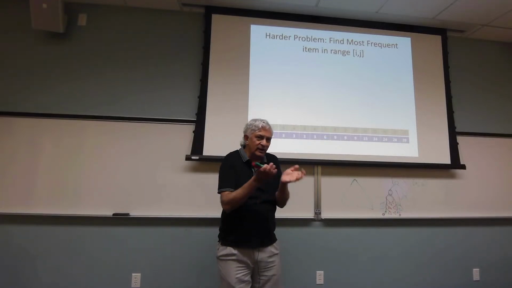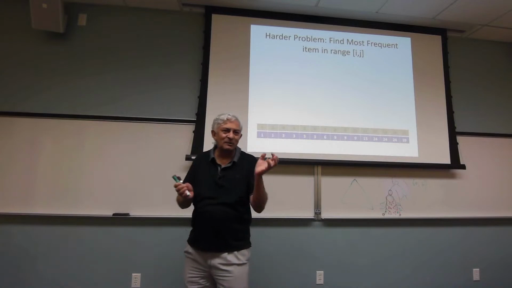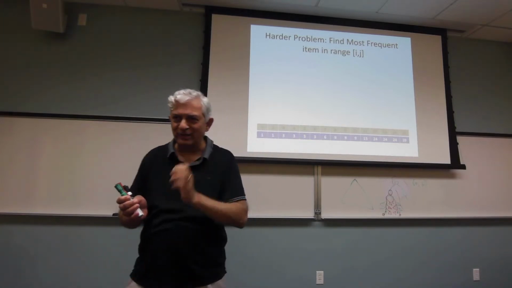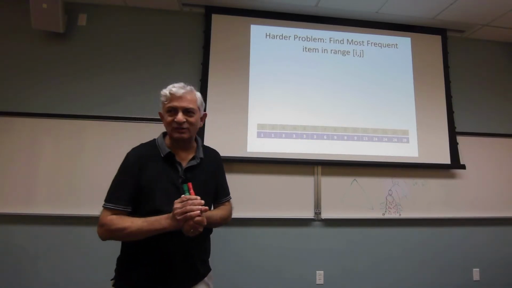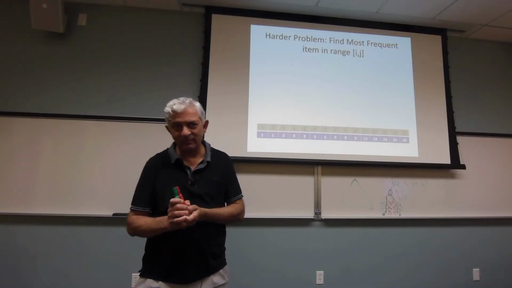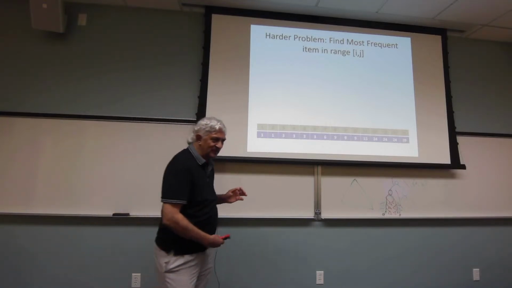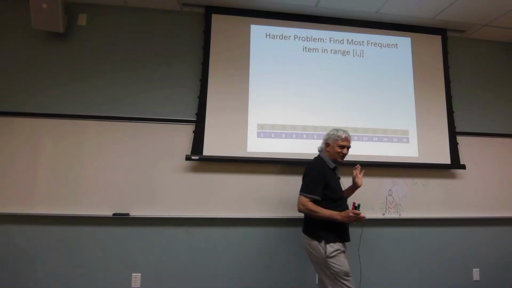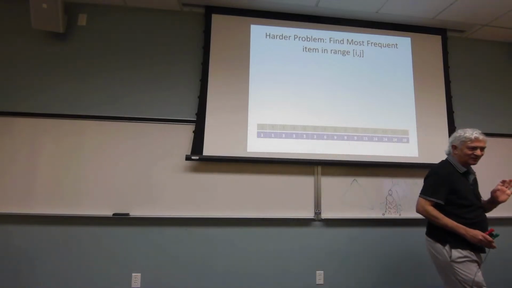So it all depends on where I start, where I end. It might be in the middle of a string of repeats, and so it gets a little messier now. It's basically a modification of what we did before, but you have to work a little bit harder.